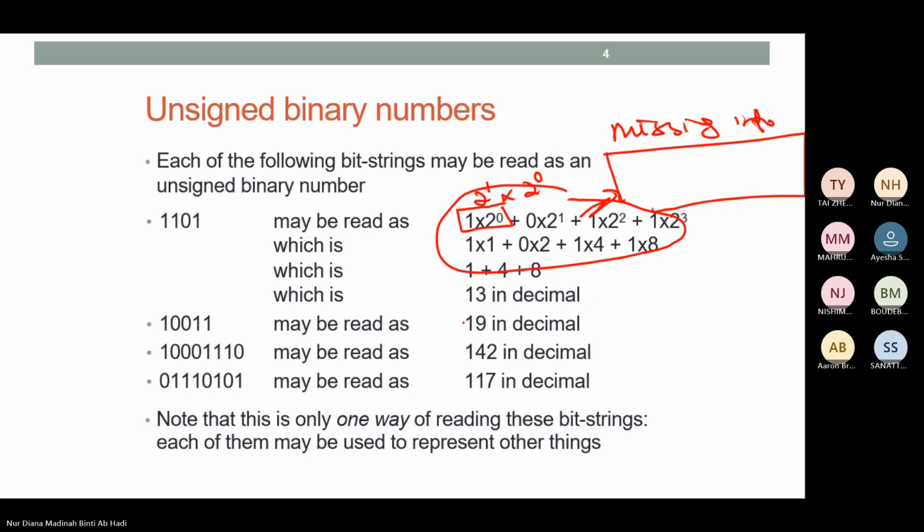Okay, so now I have a question. How come this value becomes 19? Can Aisha show me using the table? How does 10011 become 19 in decimal?